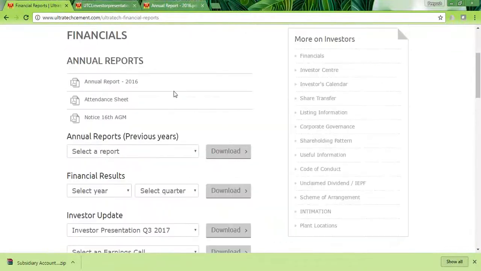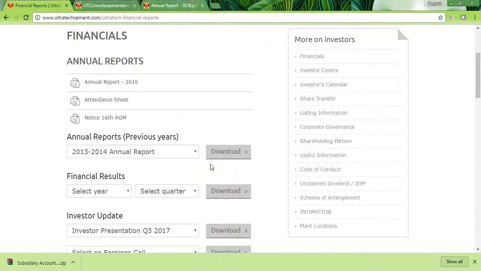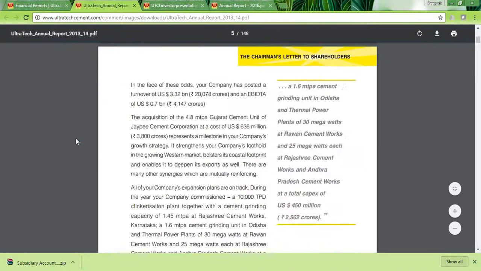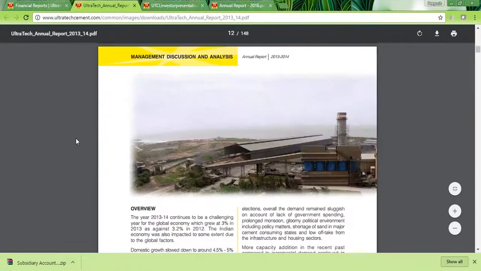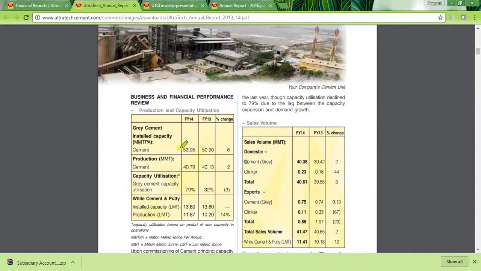If we go to an earlier annual report, for example the 2013-14 annual report, and download it, I think this is where they should give data about the capacity for those 2 years, right? So that's the installed capacity in FY14 for gray cement, and FY13 53.9, and then you have white cement 1.36, again divide by 10.